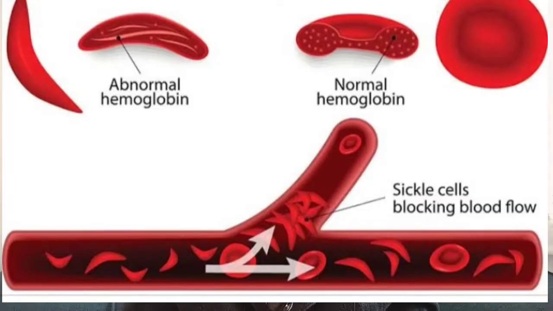When the red cell is in its normal shape, it's able to change its shape so that it can pass through these small blood vessels.